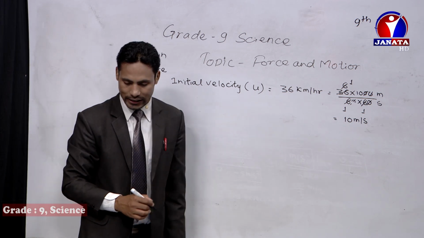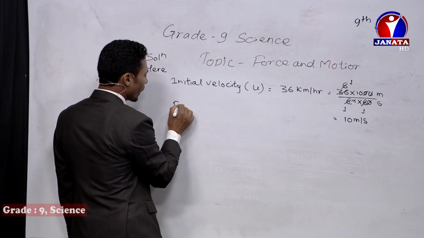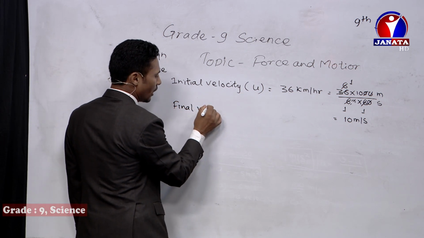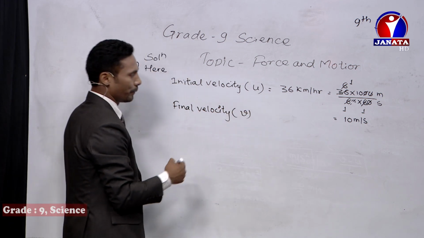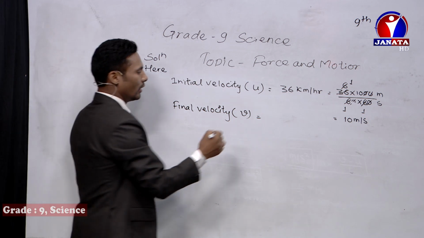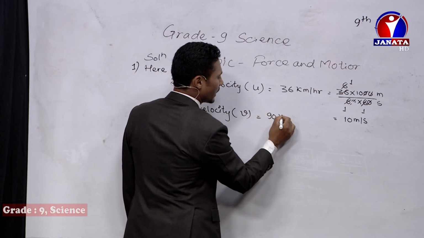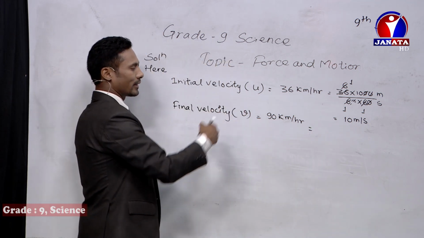So this initial velocity is given, right? Now the final velocity is also given over there. The symbol for this one is v. This is u and this one is v. It is given as 90 kilometer per hour. So let's change this also by the same method.